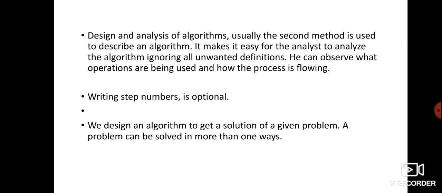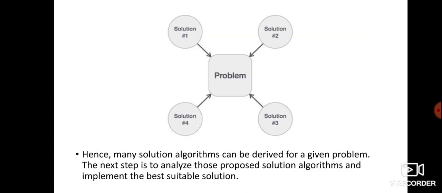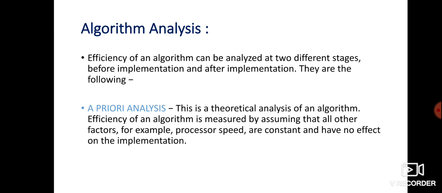We design an algorithm to get a solution of a given problem. A problem can be solved in more than one way. Hence, many solution algorithms can be derived for a given problem. The next step is to analyze those proposed solution algorithms and implement the most suitable solution.